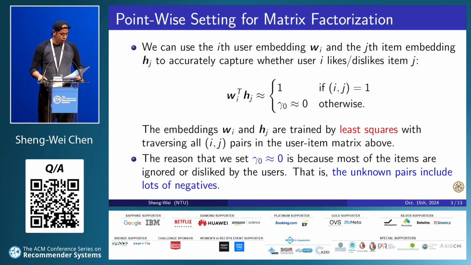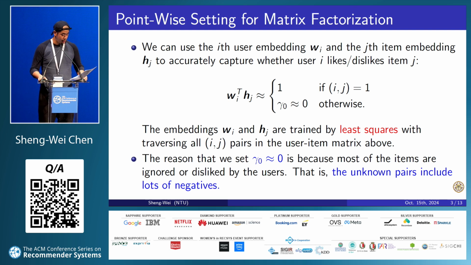Otherwise, we should estimate Wi transpose Hj as a small positive value, gamma 0, or even 0. The embeddings Wi and Hj are trained by least squares, traversing all ij pairs in the user-item matrix above.